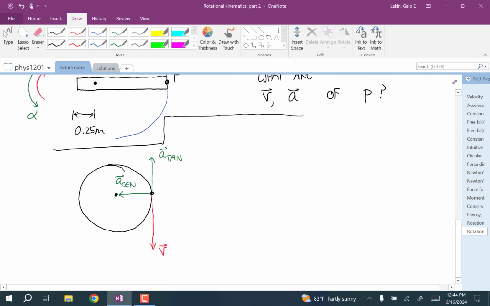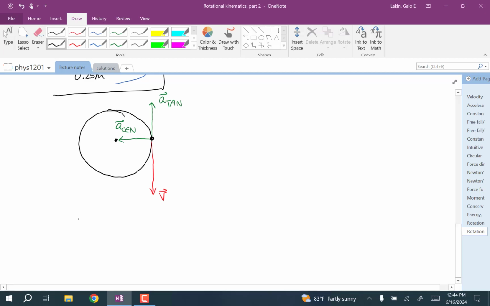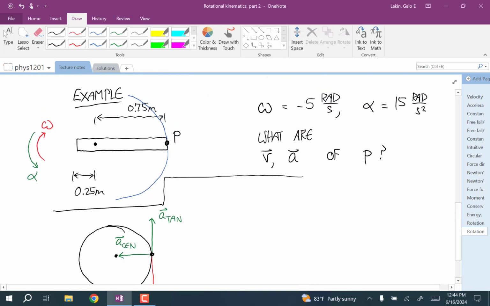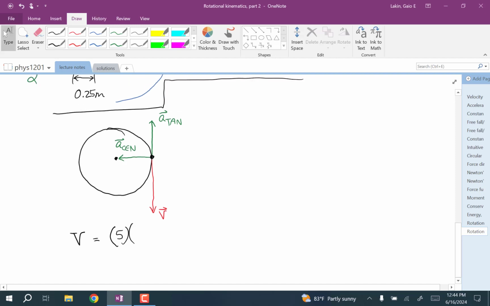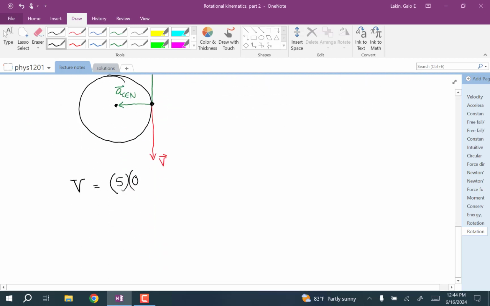And now we'll start using the equations that you were just given. So V is equal to the absolute value of the angular velocity, so that's 5, times the distance from the pin to the point we care about, that's 0.75. And so V is equal to 3.75 meters per second.